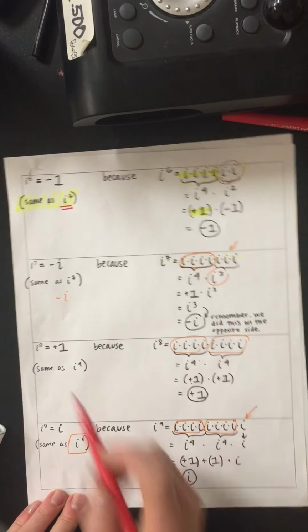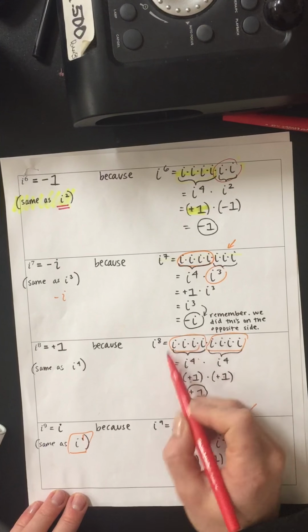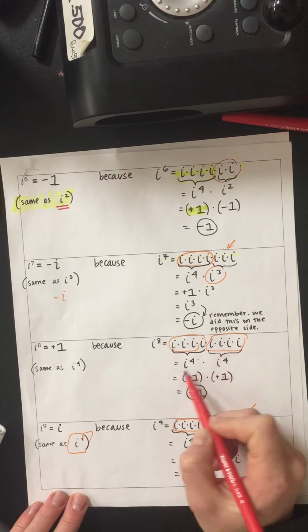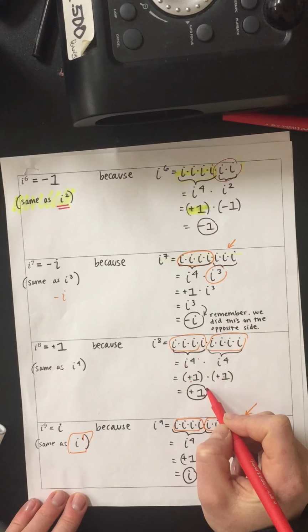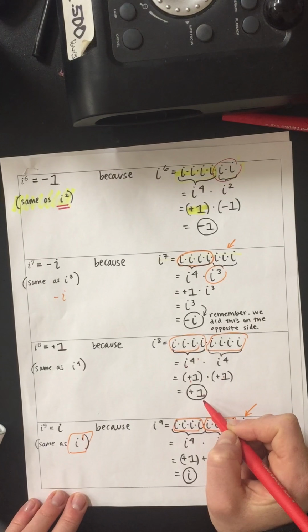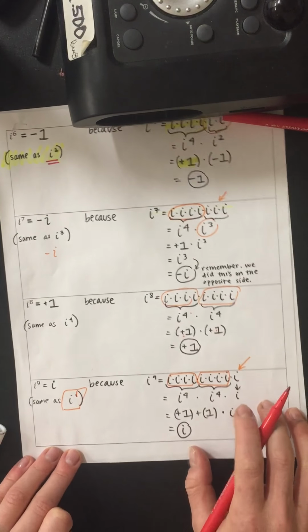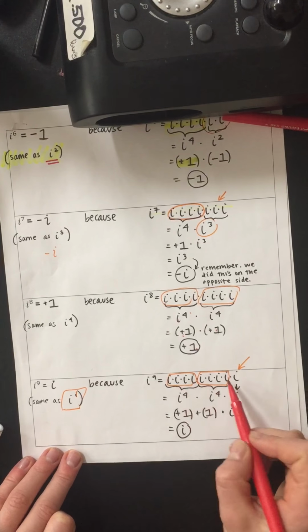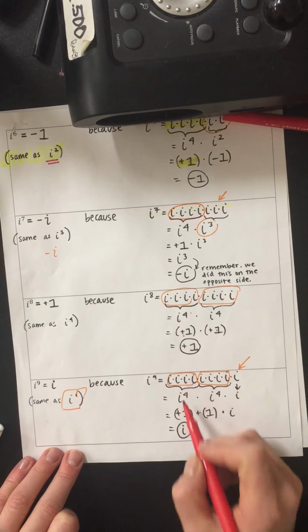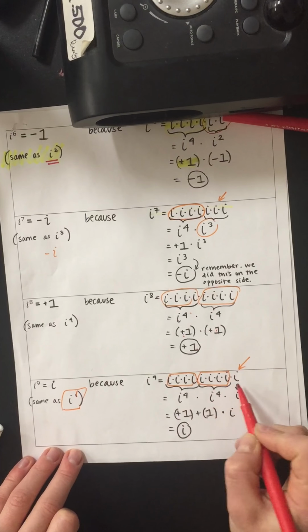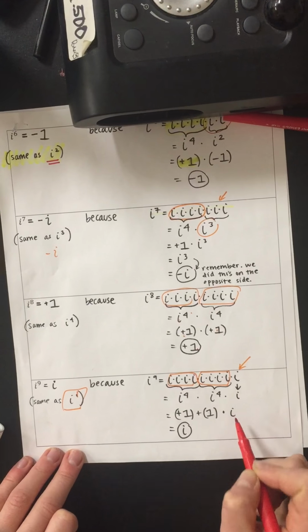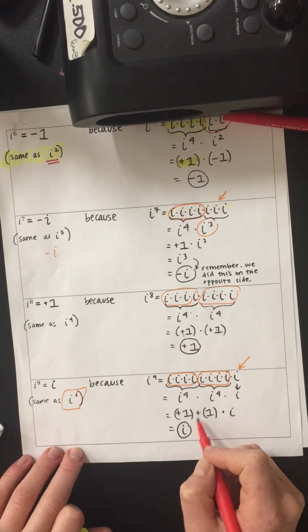And this continues as such. i to the eighth would be i to the fourth times i to the fourth. Each one of those is equal to 1, so 1 times 1 is equal to 1. You can keep going like this. 9, if I divide by 8, really divide by 4, I have two groups of 4, 1 left over. 1 times i, my answer is i.